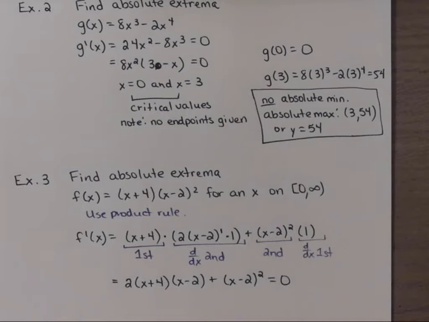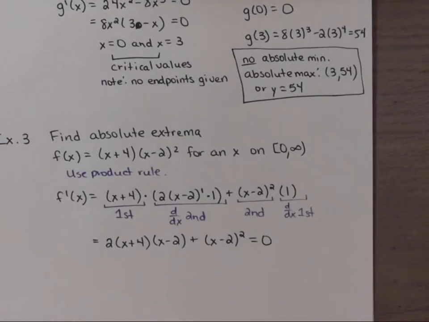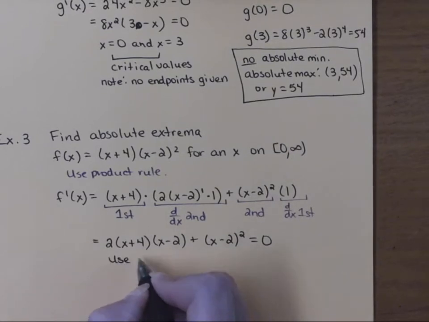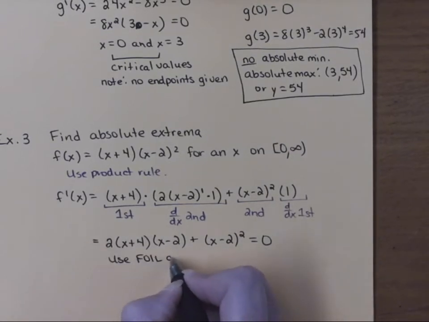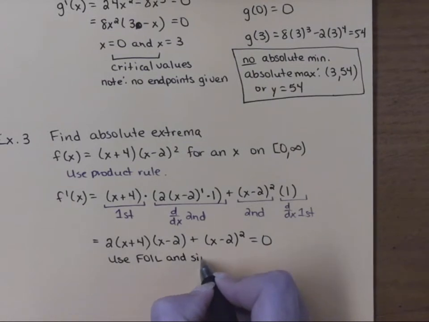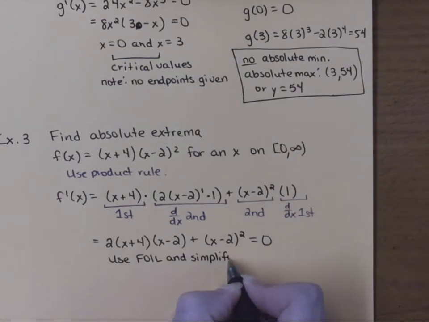So one way to do this would be to FOIL this and work this all out, or you can notice that they have something in common. In other words, this is optional, so you can use FOIL and simplify. Or if you're comfortable doing it, you can do what I'm about to do, which is factor out what they have in common.